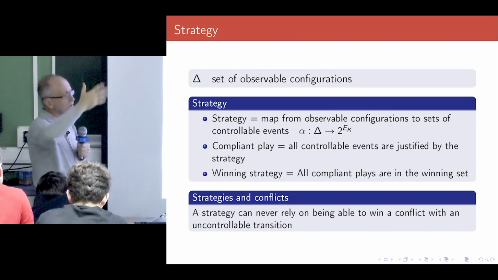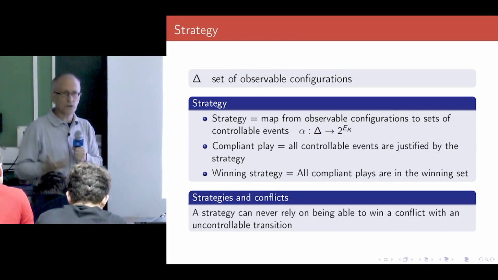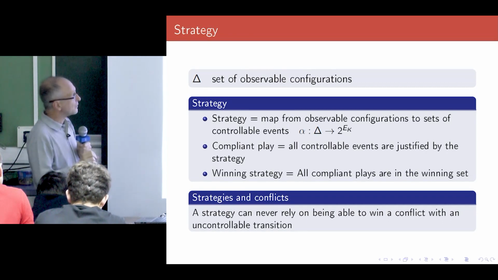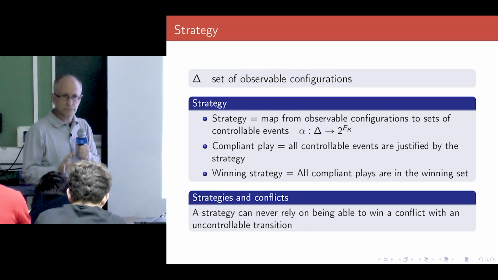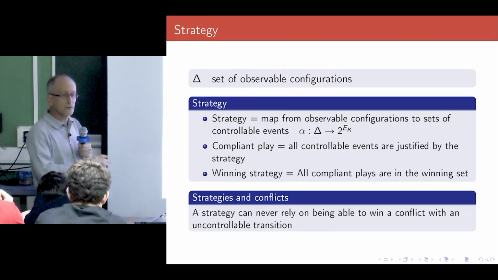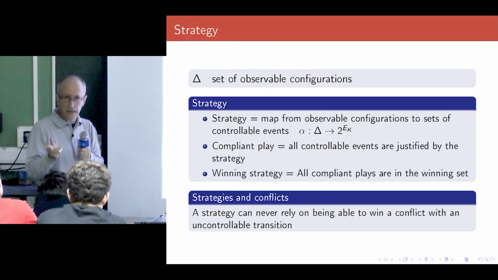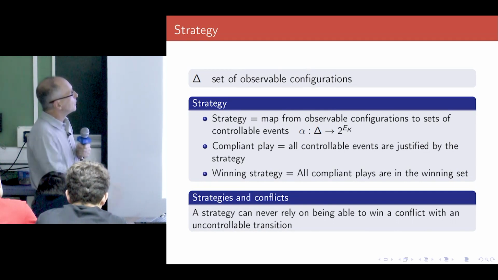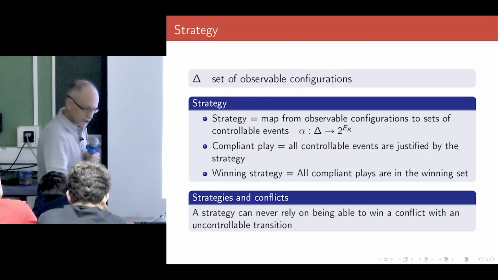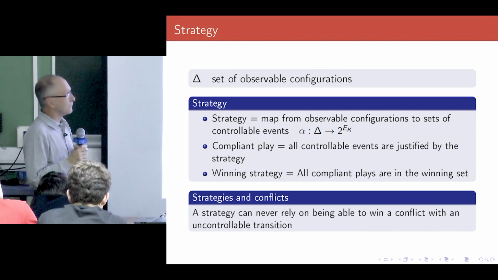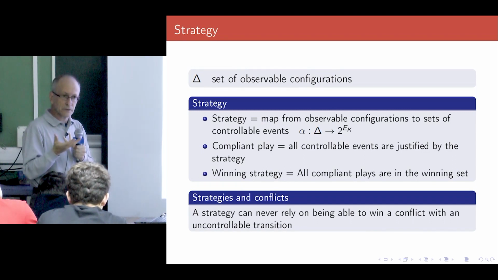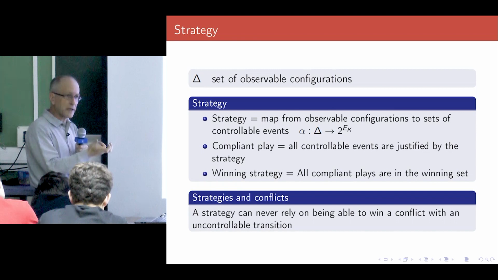If we call delta the set of all potential observable configurations, then a strategy will be a map, a function, from this set to the controllable events that represent what the player can decide to do autonomously. And once we have defined a strategy, we can define when a play is compliant with this strategy.